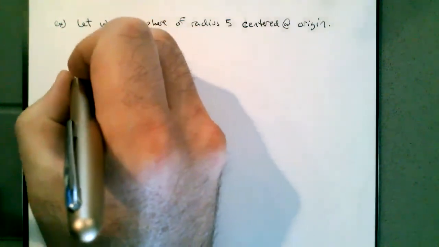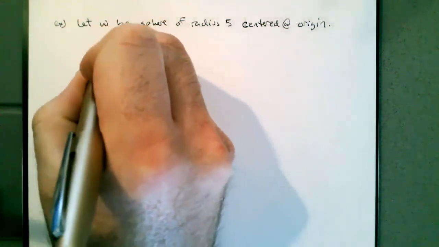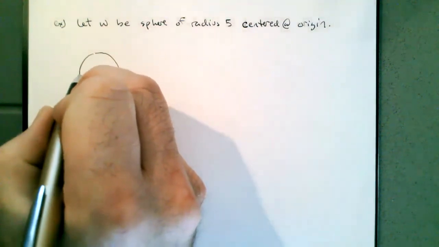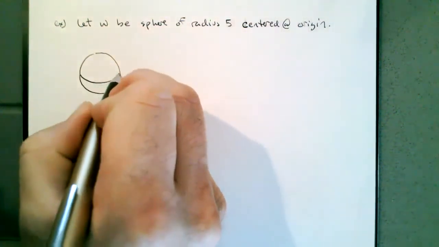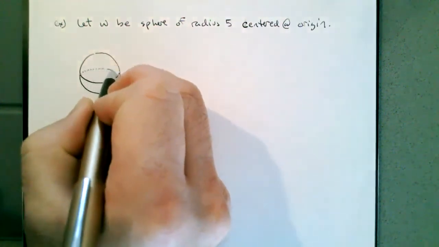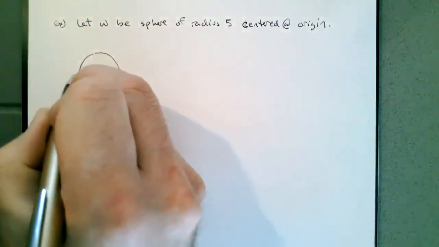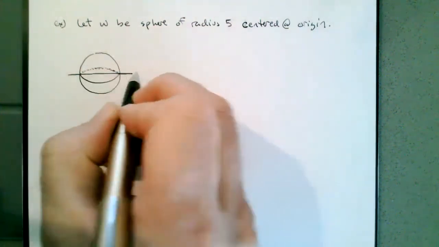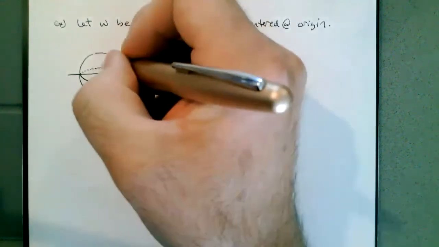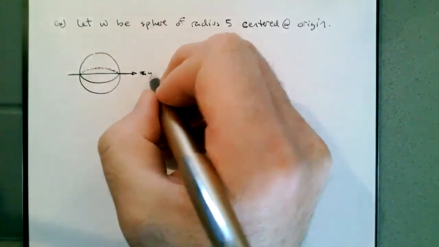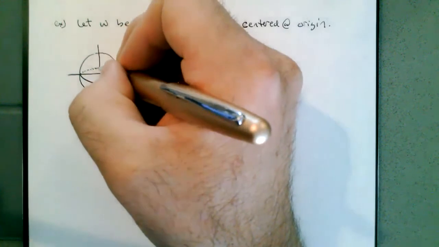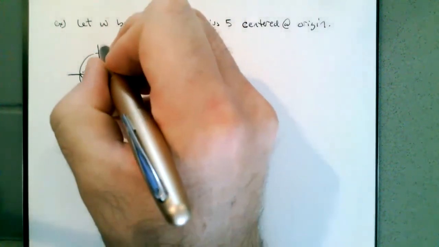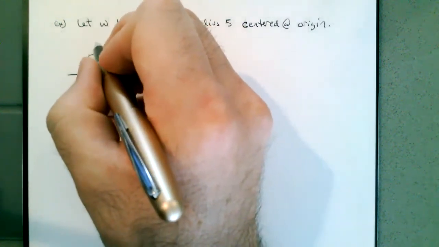So I'm just going to draw an attempt at a sphere. And I want to put the axes in. I'm going to put the rectangular ones in, even though we're going to do this in another system. Now, we've got to pick a coordinate system to integrate this function.